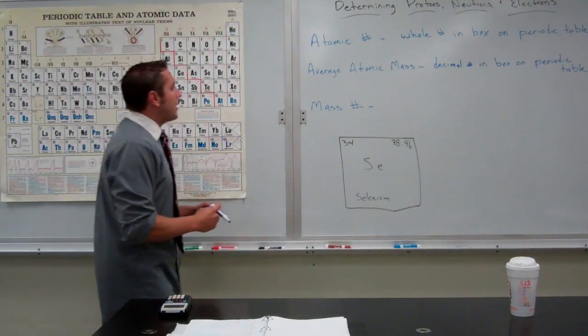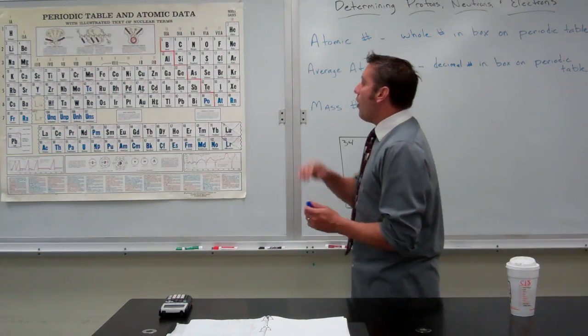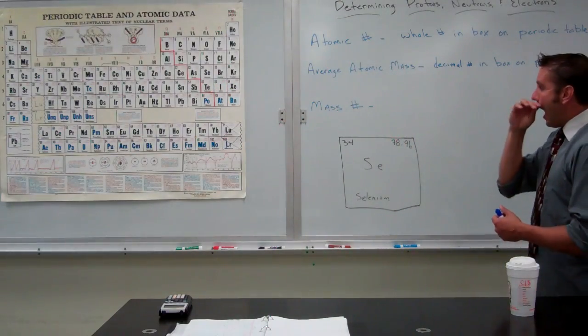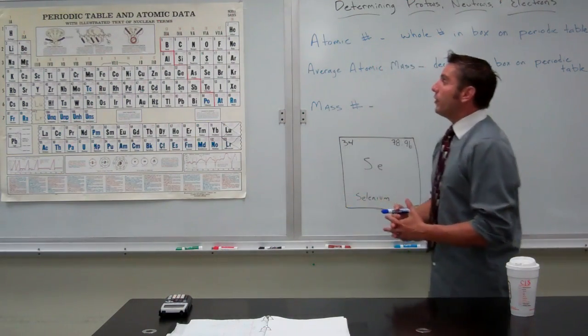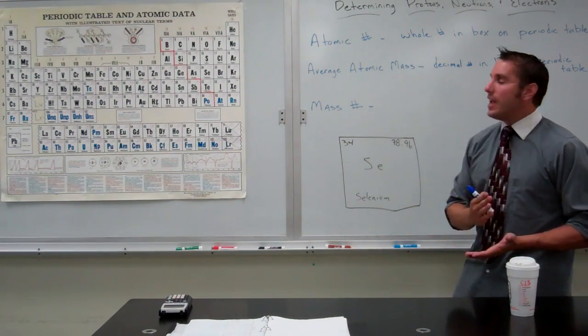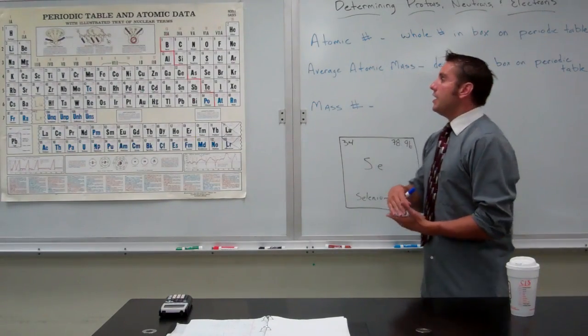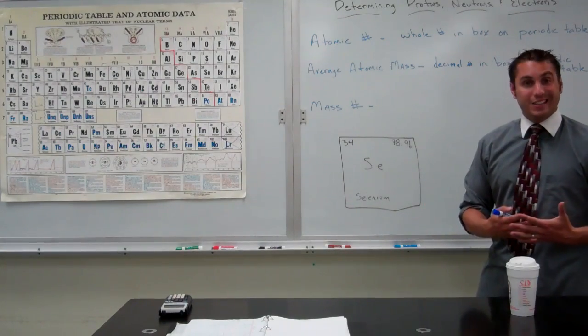The average atomic mass, we'll learn in a different tutorial, is an average of all of the types of a particular atom that there are. We learned last chapter that not every atom of an element is the same. Sometimes they have different numbers of neutrons, and that makes them called an isotope.